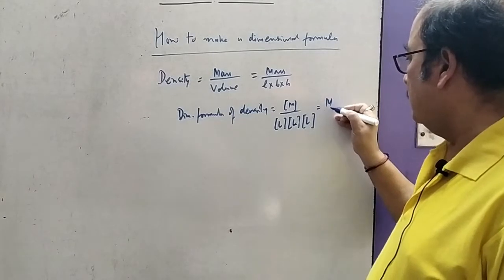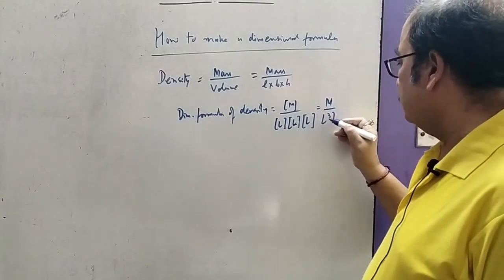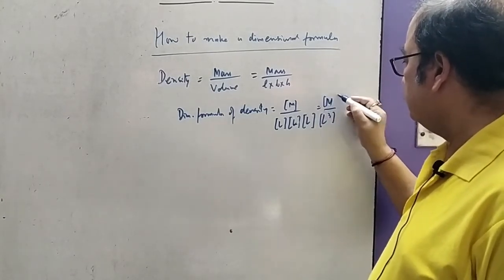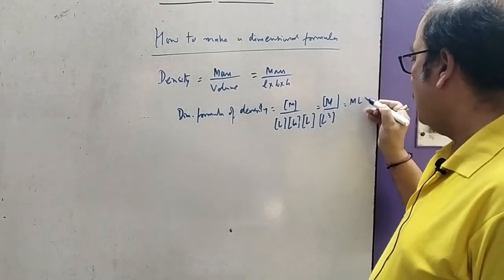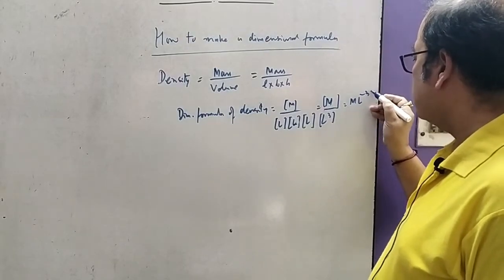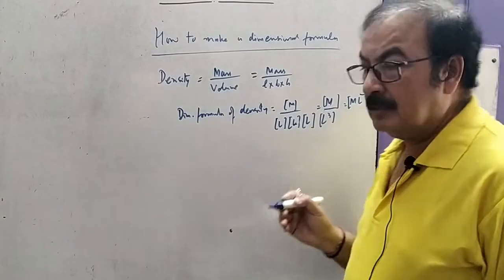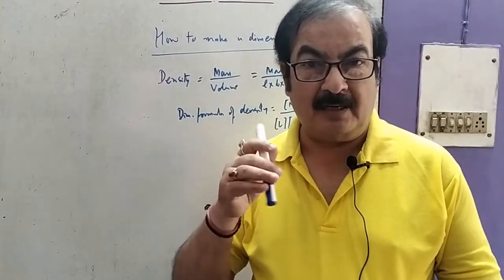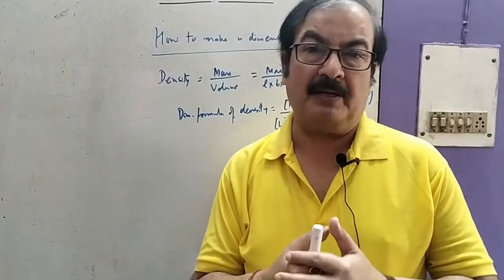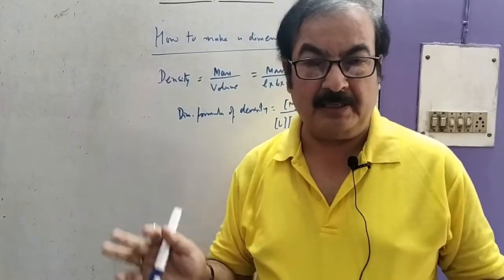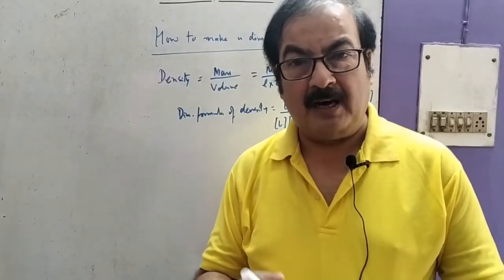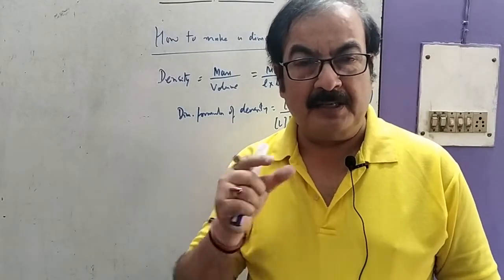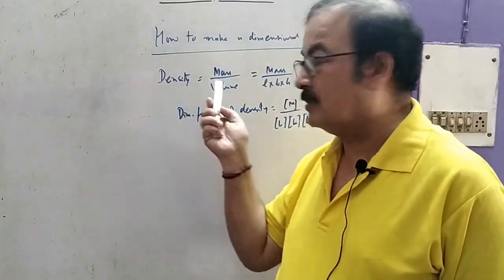Ultimately, we have M upon L cubed, or ML^-3. This is the dimensional formula of density, and this is the way to derive a dimensional formula. I am not saying anything new, I am just representing a given formula in terms of dimensional symbols.